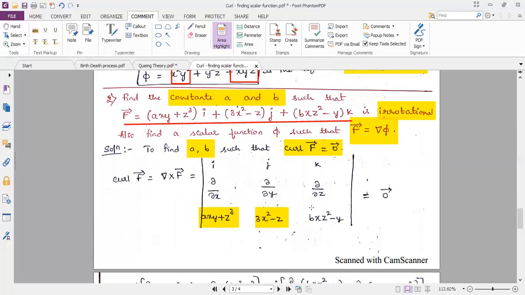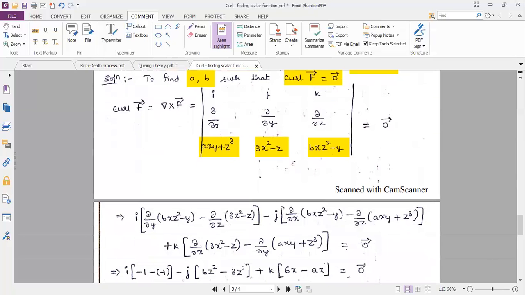Vector f components are respectively given by axy plus z cube, 3x square minus z, bxz square minus y. We equate this 3 cross 3 determinant to 0 because we are assuming curl f is equal to 0 vector.